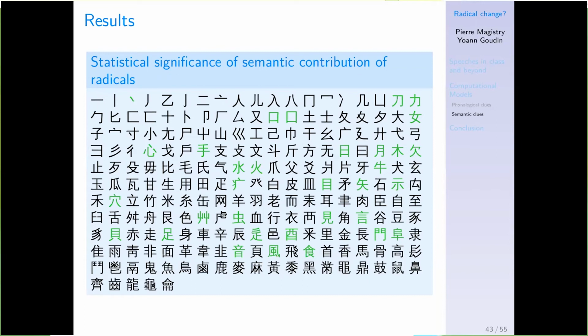And the basic result here is that we can find some significance, but only for a small subset of radicals, which are here in green. For those who know a little bit of sinograms, whatever the language, you will recognize things like the grass or food, this kind of very clear meaning.